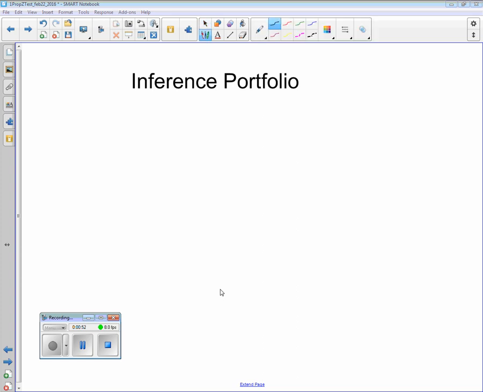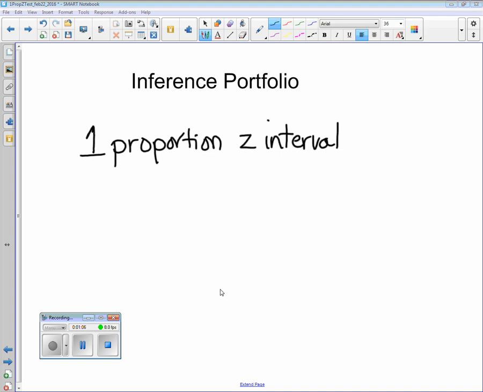Do you remember what it was called? The one proportion. It is option A, but what's it called? Do you know? One proportion. It's the Z interval. Okay, it's a confidence interval for proportions. So that's going to be the first test that you're going to do. And it's not really a test, it's creating an interval.